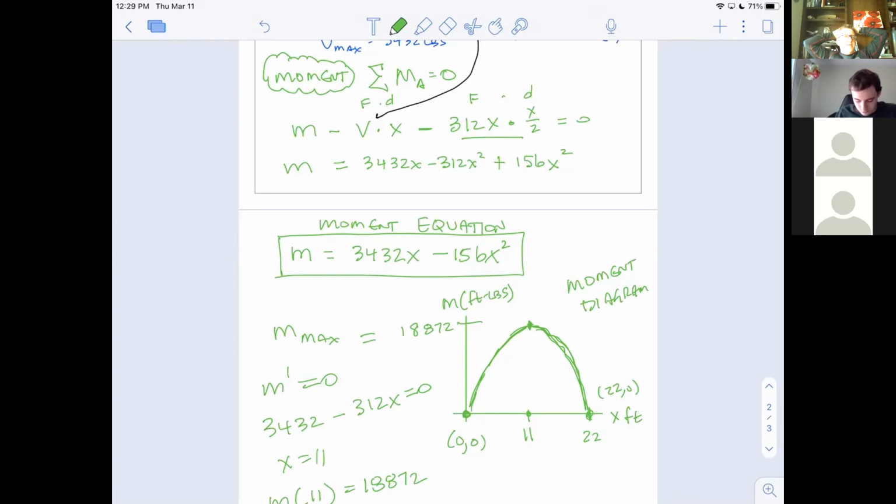So armed with the V max and with M max, I could now go to that chart, choose a beam, and I would actually know that internally it's not going to pull apart. That's pretty darn powerful.